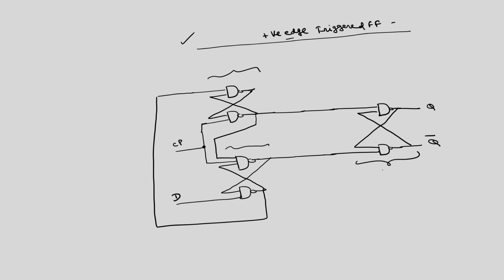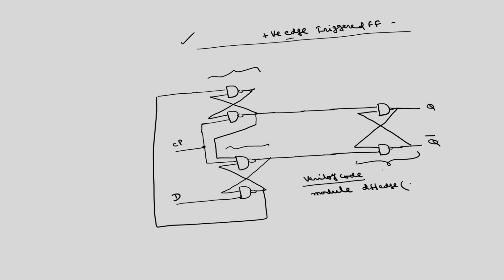So, if I write this Verilog code correspond to this one, module, I will give this name as D flip flop edge triggered. What are the inputs and outputs?